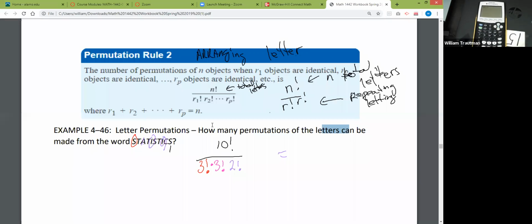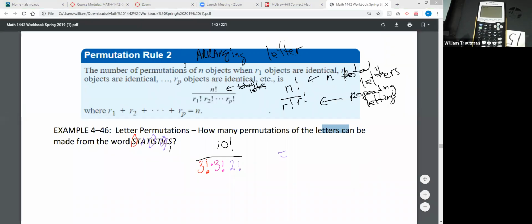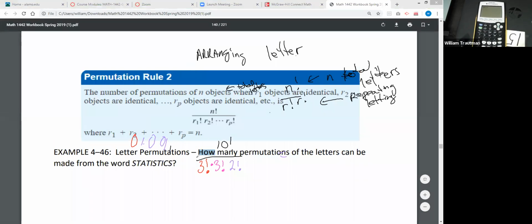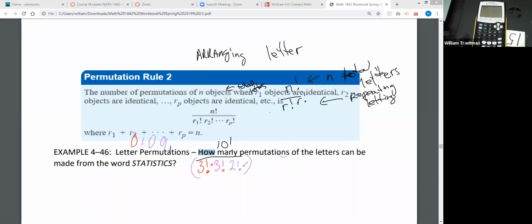The bottom has more than one thing to do. Since we have more than one thing on the bottom, you have to put that entire bottom in parentheses.